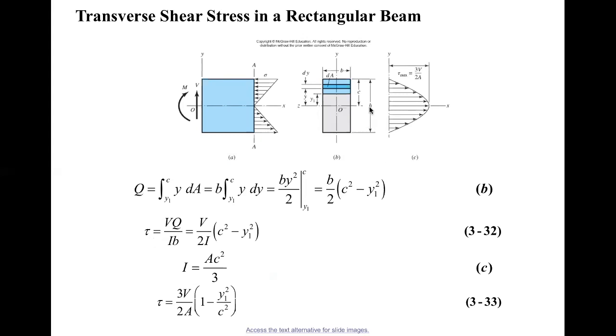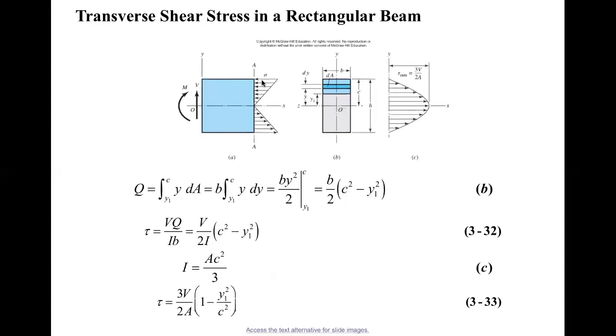So what does it mean? It means on the surface, there's no transverse shear. Shear stress is 0. Let's look at the neutral axis. On the neutral axis, y1 is 0, and then you end up with Q maximum. If Q is maximum, then you have maximum shear stress. So this is the distribution of transverse shear stress. On the surface, the shear stress is 0. On the neutral axis, shear stress is maximum.